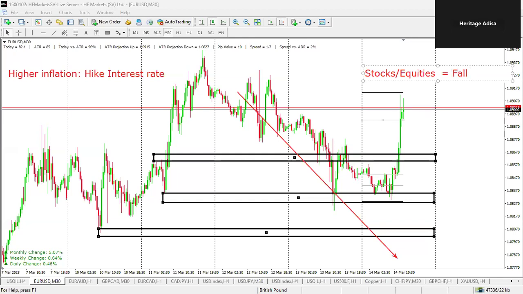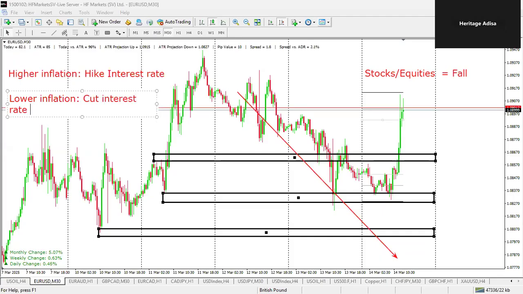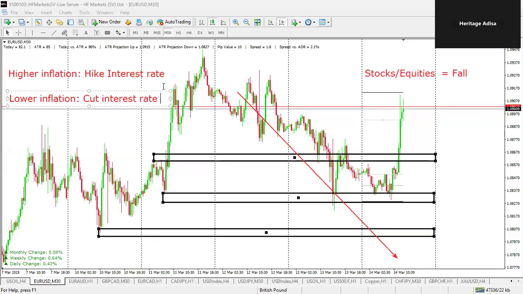They fall on higher inflation, but stocks will tend to rise on lower inflation. You'll be wondering why US 500, US 30, NASDAQ and Dow Jones didn't rise so much despite low inflation figures in the US recently. Well, even the fact that inflation is going lower does not really change the overall outlook of the US economy right now, with some of Trump's policies, the tariff issues and all of that.